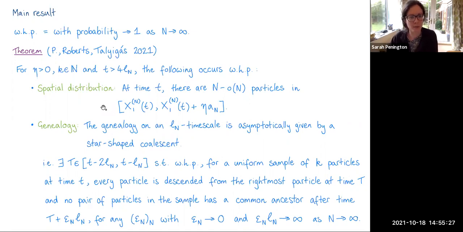And then the other thing that we prove is about the genealogy. We show that the genealogy on an l_n timescale is asymptotically given by a star-shaped coalescence.